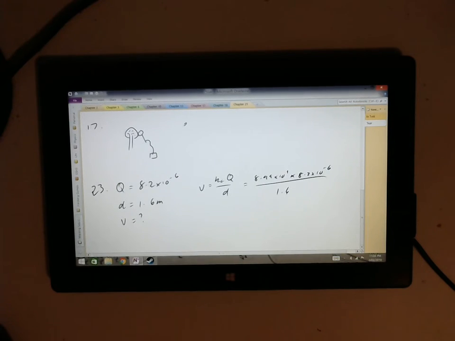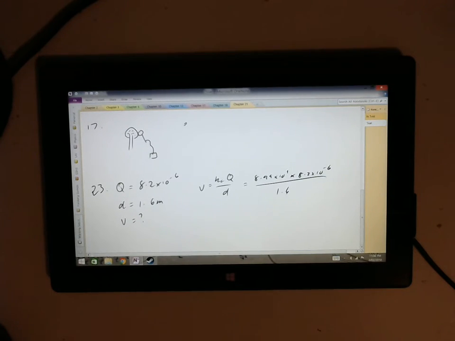I'm going to chuck that into Wolfram quickly to do the math on that, and we'll see what we get. So I have Coulomb's constant, 10 to the power of 9 times 8.2 times 10 to the power of -6.